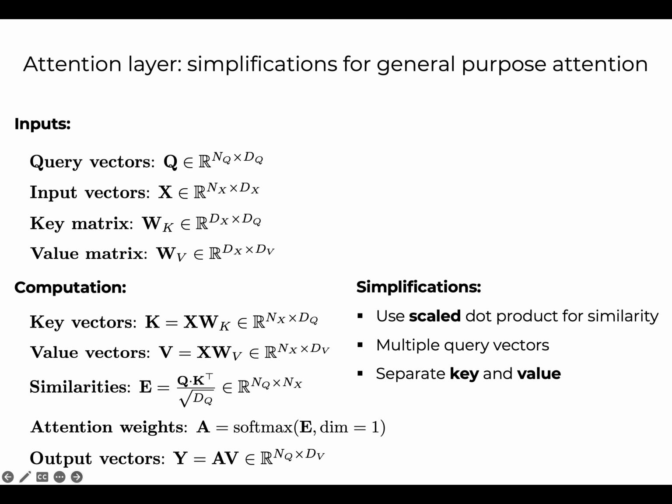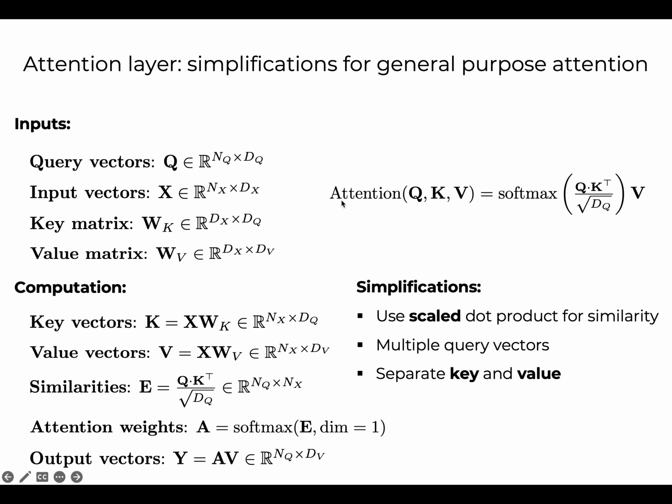So you can see that there might be a reason why you would want to use different information to do the kind of lookup, to compute the similarities, as opposed to doing the actual outputs of the retrieval, how those values are combined. And by doing this, we give the model more flexibility to use those input vectors in two different ways. So we've now arrived at the general formulation of an attention layer.